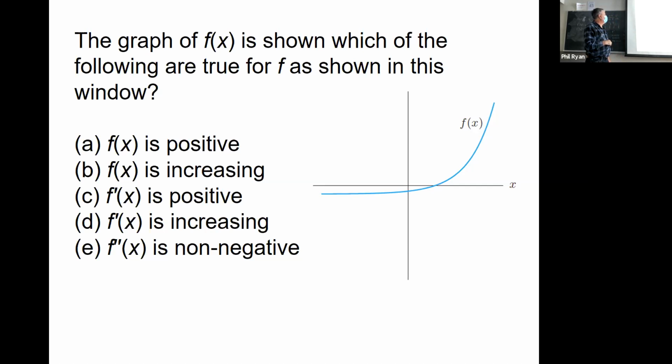Oh, hang on, F prime being positive is kind of the same as F increasing, so B and C are the same thing. D, is F prime increasing? It is, it's getting steeper. And is F double prime non-negative? Yeah, because F prime is increasing, that is true. So the answer was actually B, C, D, and E.